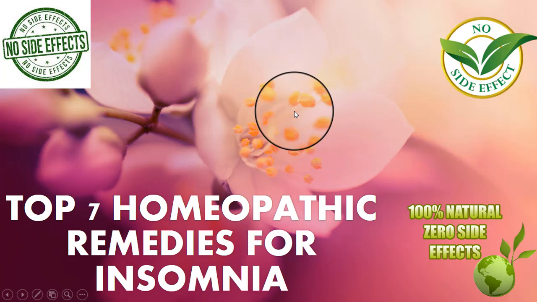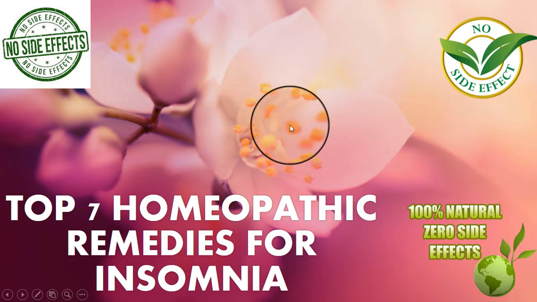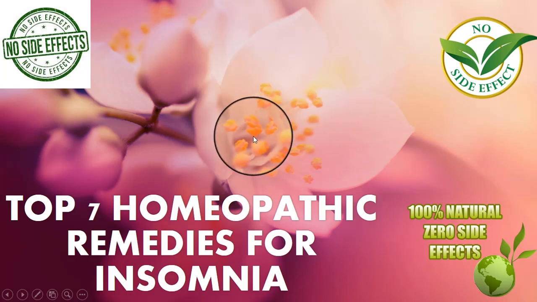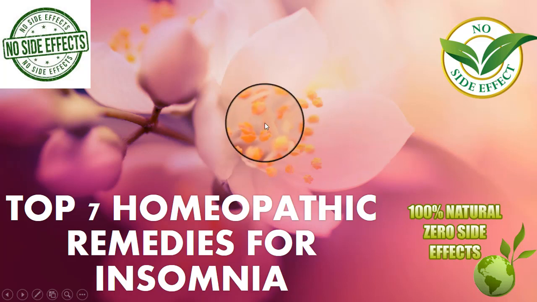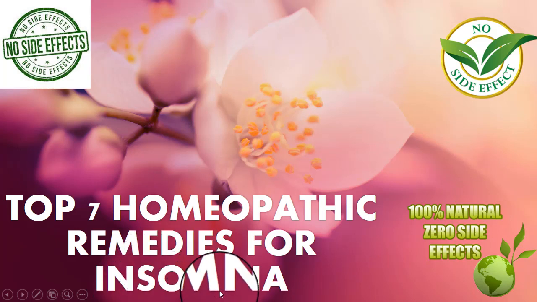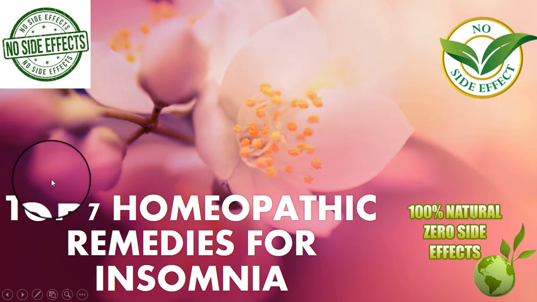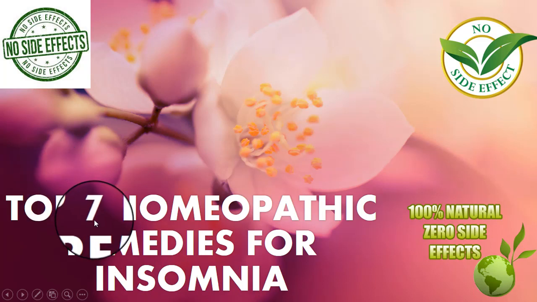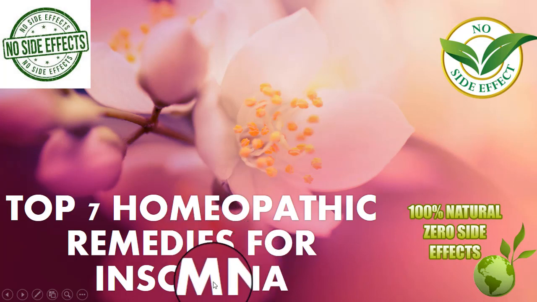You can definitely take them for curing your problem, and within 3 to 5 months you can get rid of this problem that is called sleeplessness. Now we will talk about those 7 top homeopathic remedies for insomnia. One by one we will discuss them.